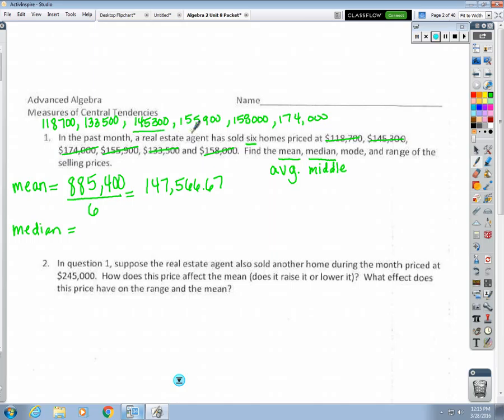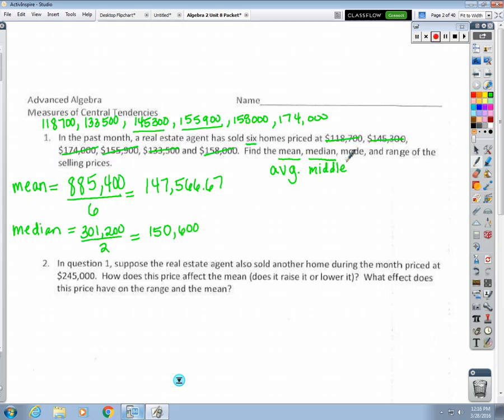Well, in this case, there's 2 numbers that split the middle, so you average them. What's 145,300 plus 155,900? 301,200. Okay, but that's just the sum of the 2 middles. Since there's 2 middles, divide by 2, so what's the median? 150,600. Right.